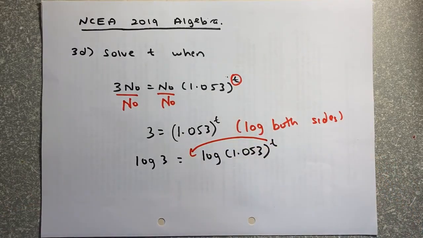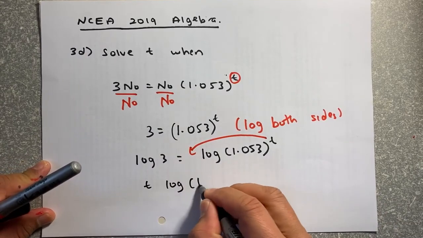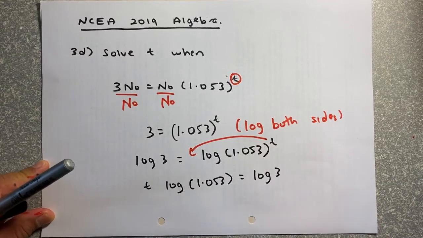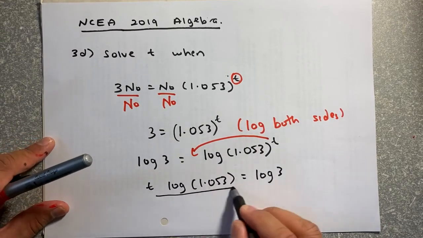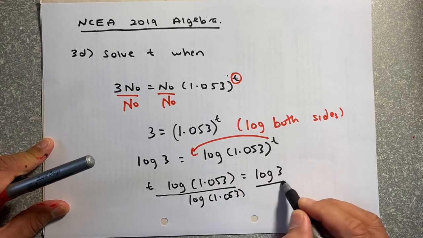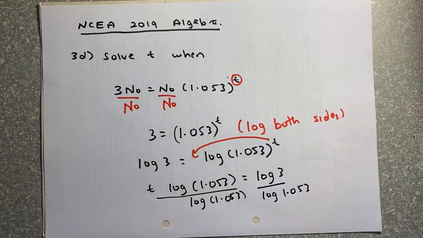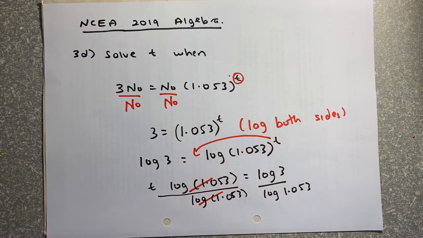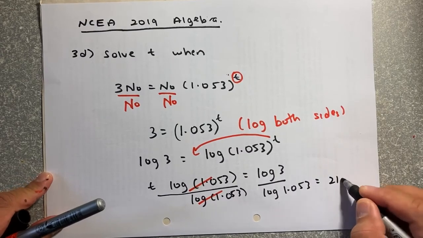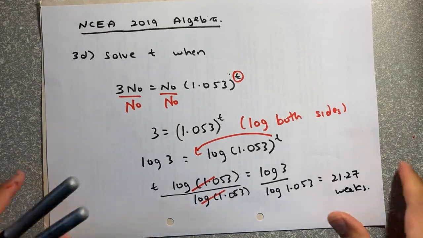So we can rearrange the formula: t log 1.053 equals log 3. And the last step, you're going to divide both sides by log 1.053. That log will cancel out because they are the same number. Put in your calculator and the answer is going to be 21.27 weeks. Have a look at the question and try to solve it.